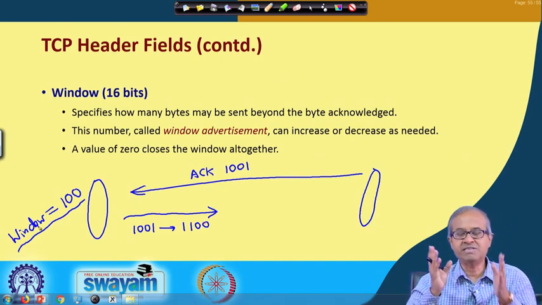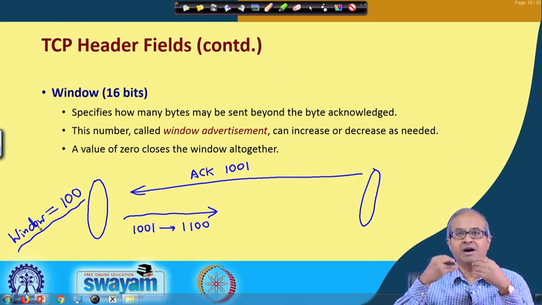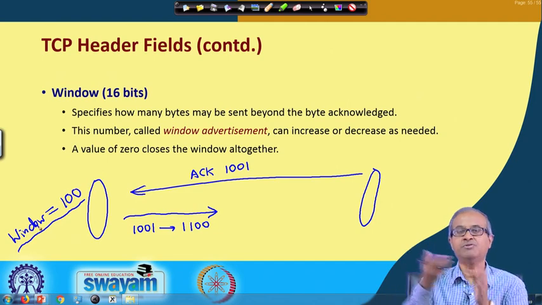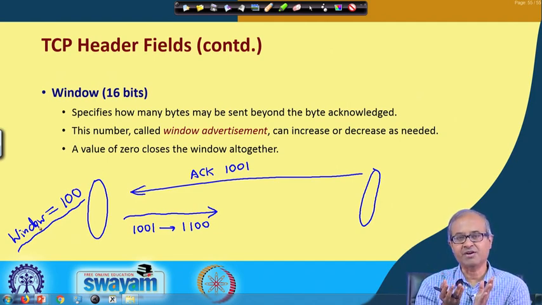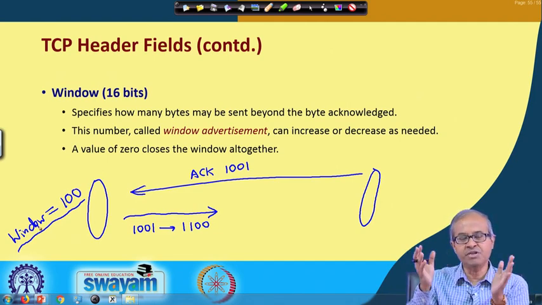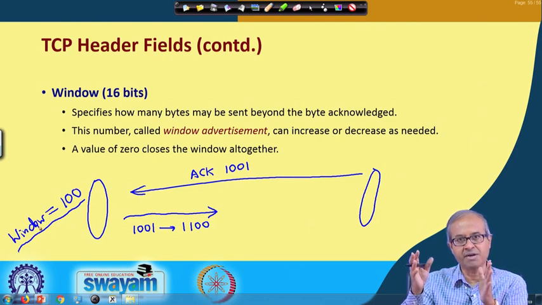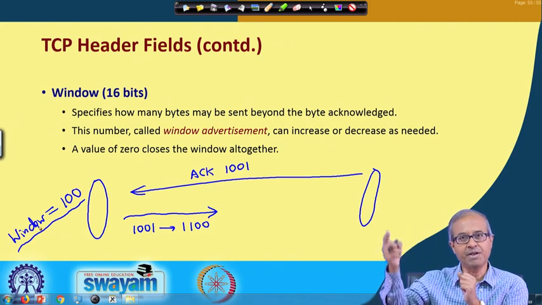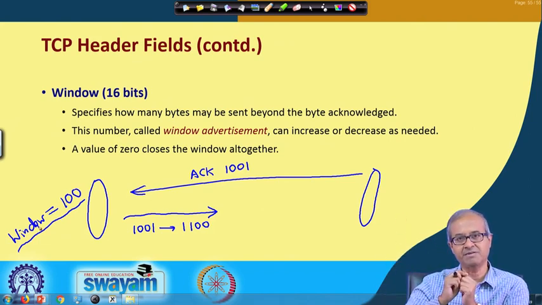This window size actually tells how many bytes the sender can send without getting the acknowledgement. Once the window is full, all 100 bytes have been sent, the sender will be waiting and idle. It will be waiting for the acknowledgement to come back.